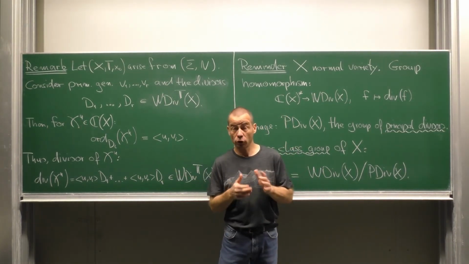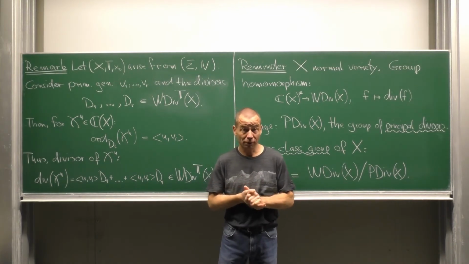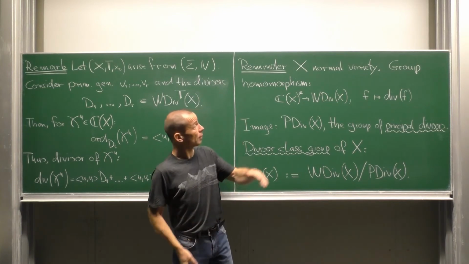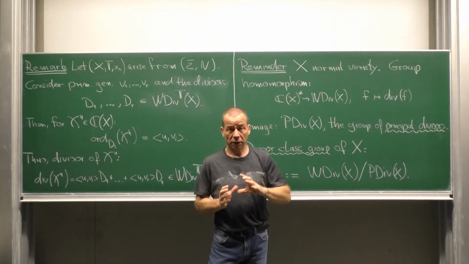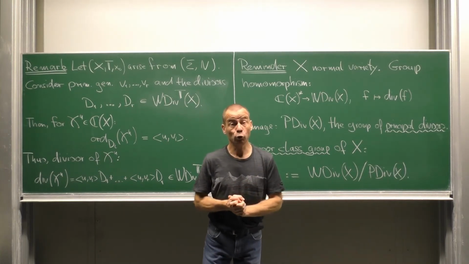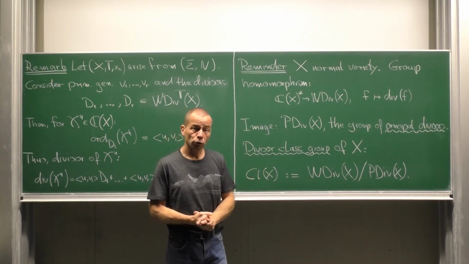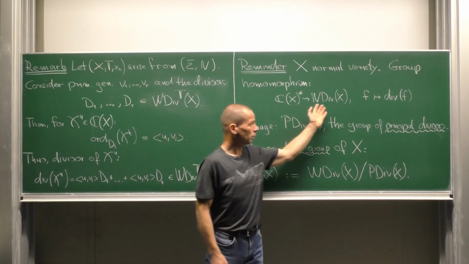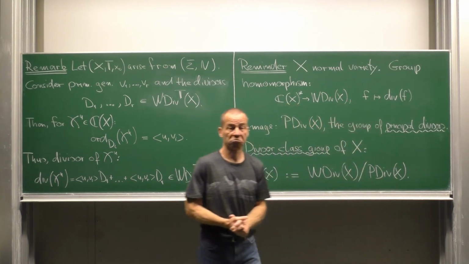We are approaching the divisor class group. First, let us recall the definition. On a normal variety X, passing from rational functions to their divisors defines a group homomorphism from the multiplicative group of the function field to the Weil divisor group, sending a function f to its divisor.